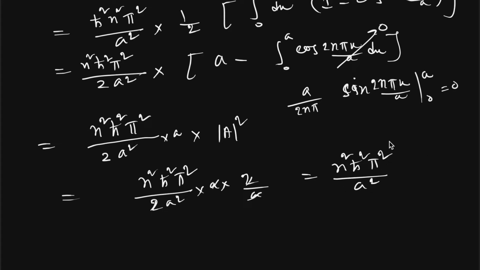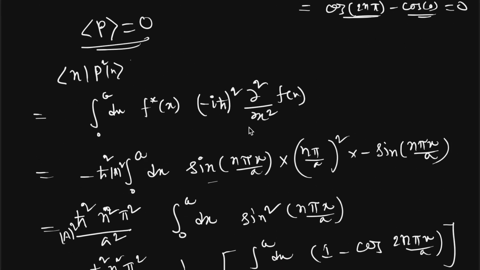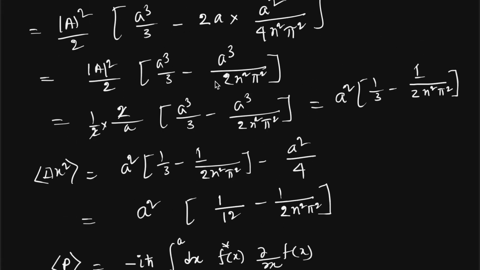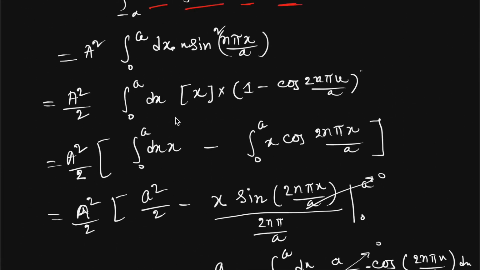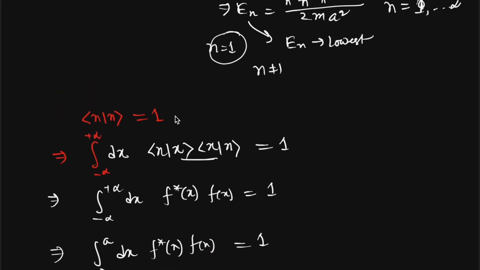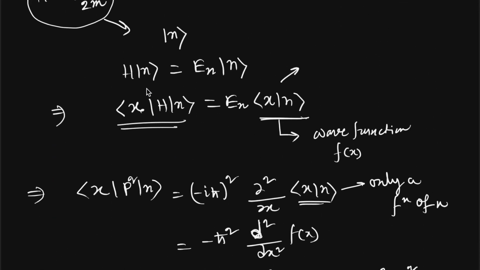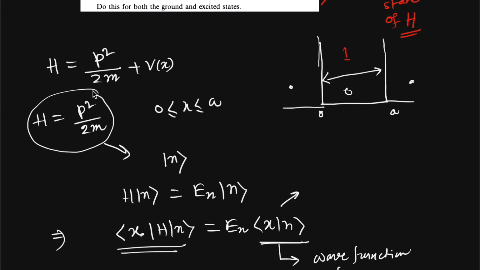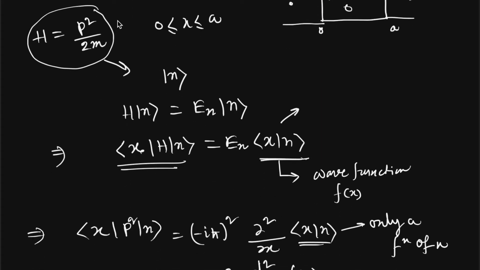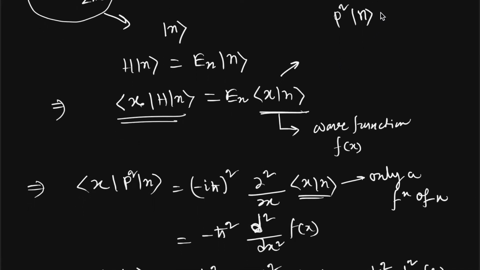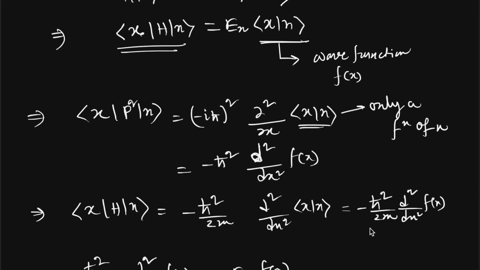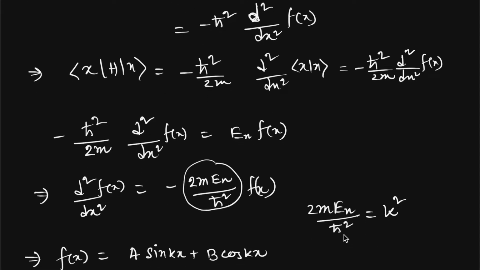Now this result we can write directly, since this is a state of energy eigenstate. What is the Hamiltonian here? Hamiltonian is p square by 2m. If the energy eigenstate is an eigenstate of p square by 2m, that means it is also an eigenstate of p square, and p square will give 2m times the energy En.